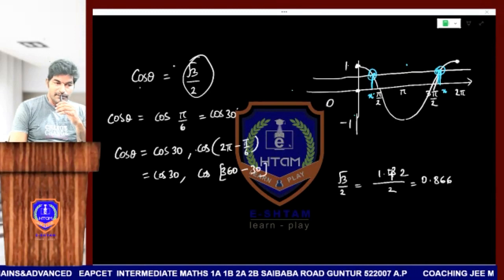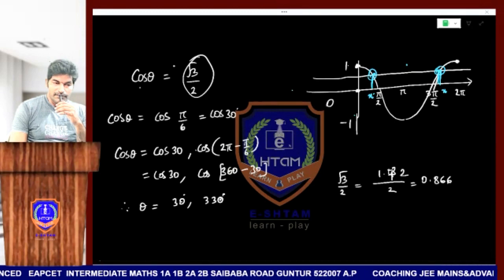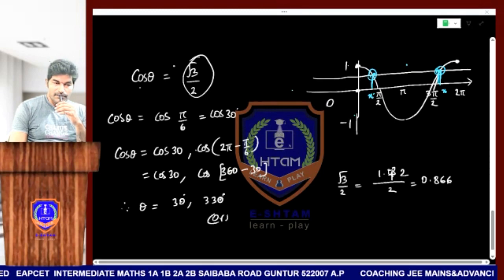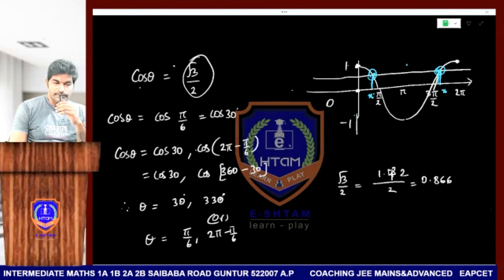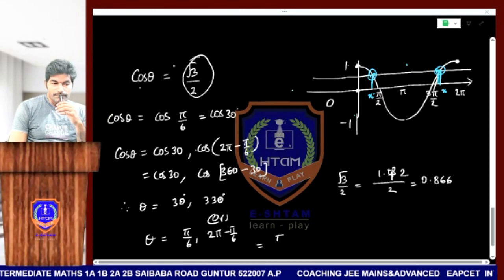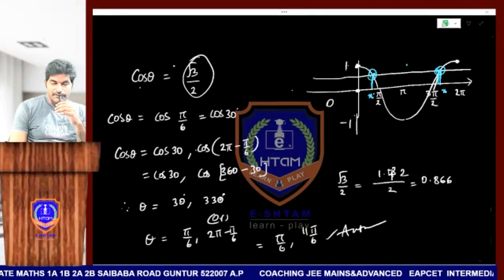That is 330. Therefore, theta is equal to either 30 degrees or 330 degrees, or you can also write pi by 6 or 2 pi minus pi by 6, which is 11 pi by 6. So this is the answer for this question.